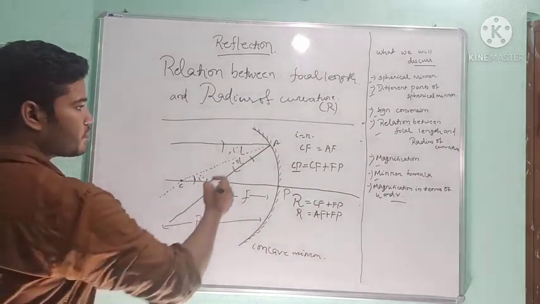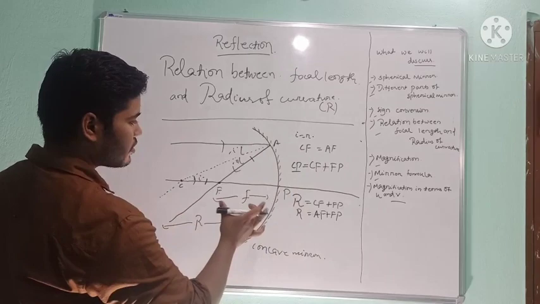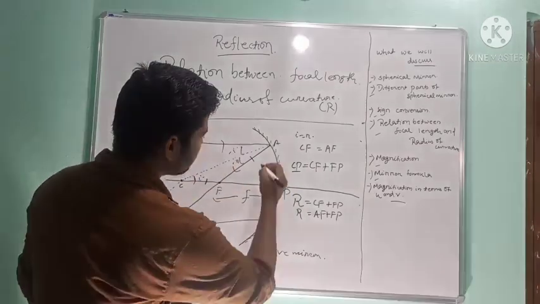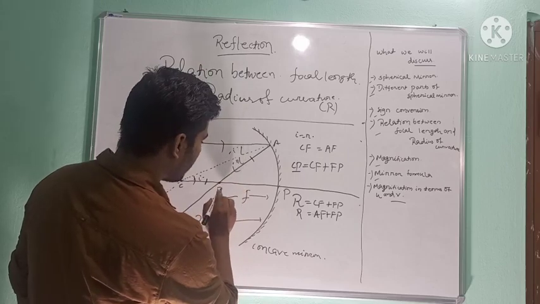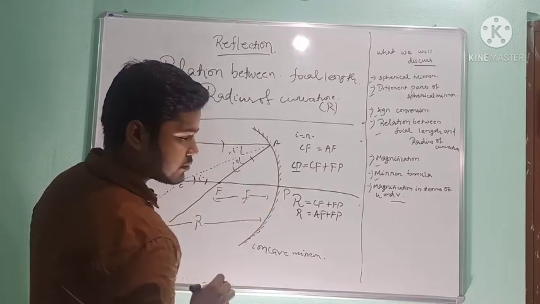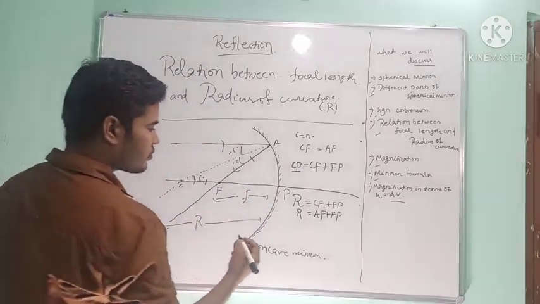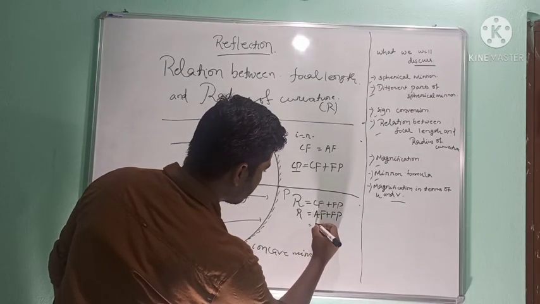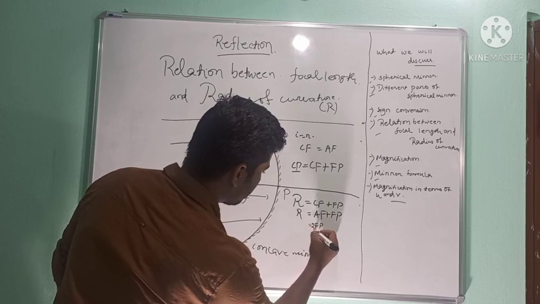As we have taken the small aperture of a spherical mirror, AF is equal to FP, so we can say FP to FP.